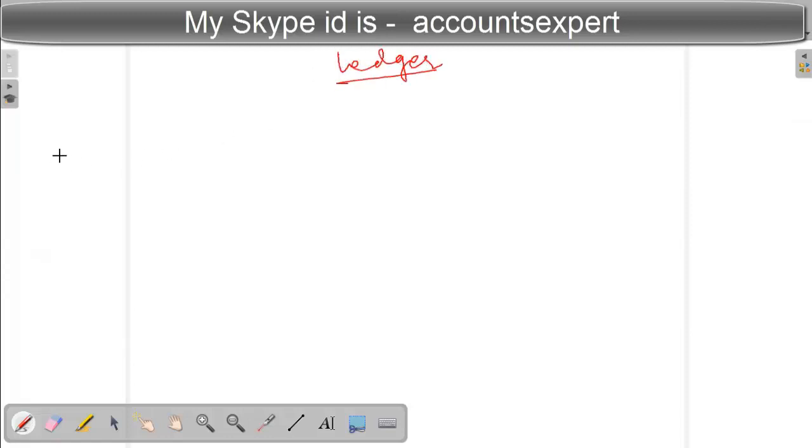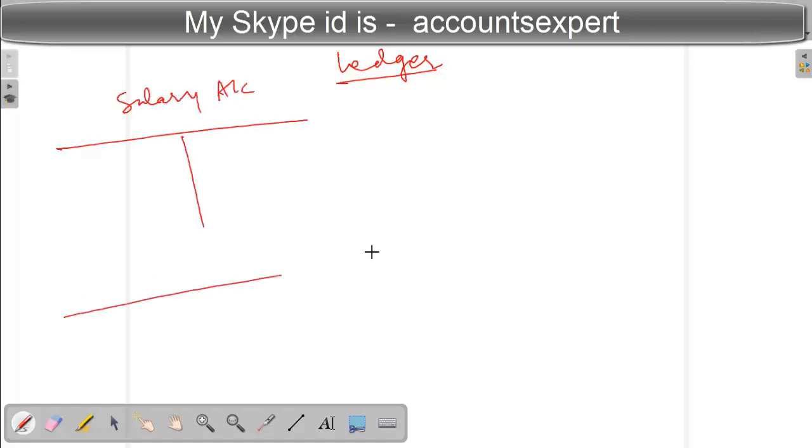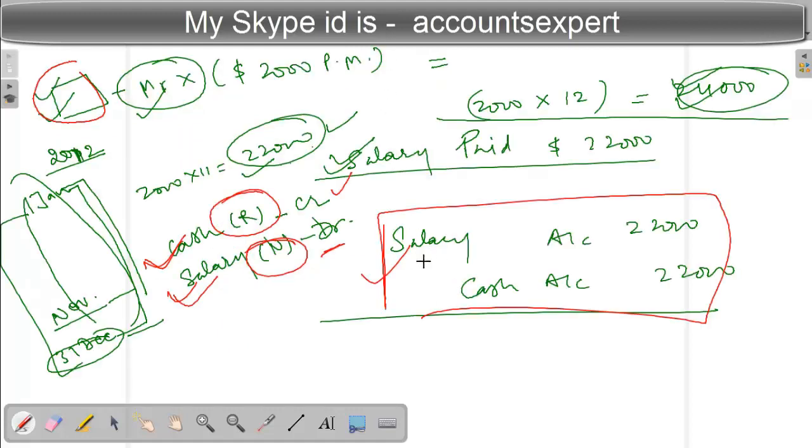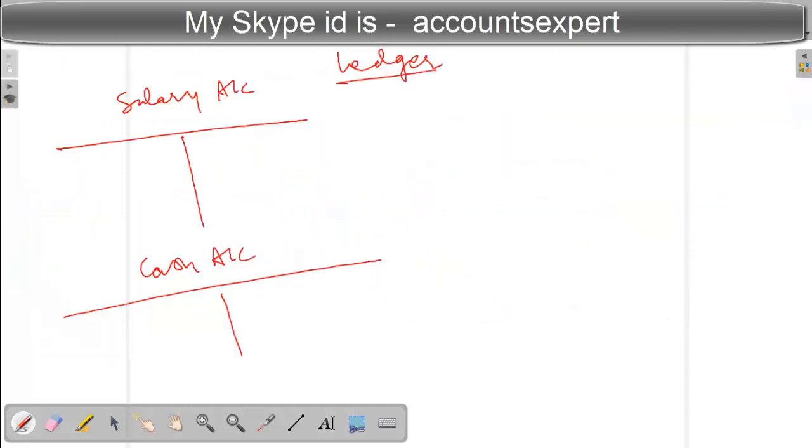In the ledger I will open two accounts. The first is the salary account, and the next is the cash account. In the entry, was the salary account debited or credited? Debited, so posting will take place on the debit side.